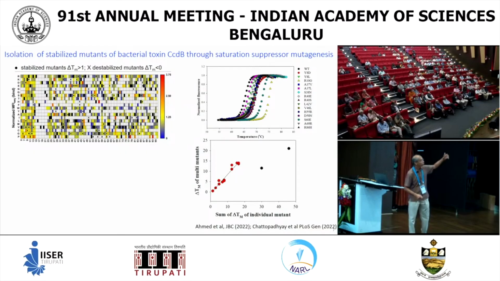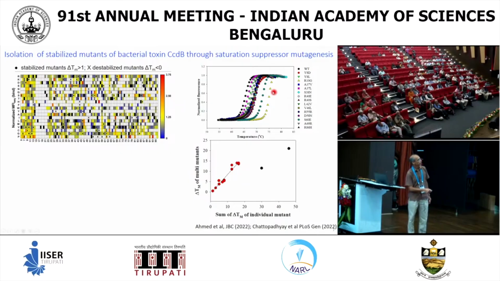And this is through a genetic screen, so then we can make those proteins that we predicted to be more stable, and we can actually measure their thermal transitions. So when proteins melt, you get a change in some property, and the midpoint of this is the melting temperature of the protein.